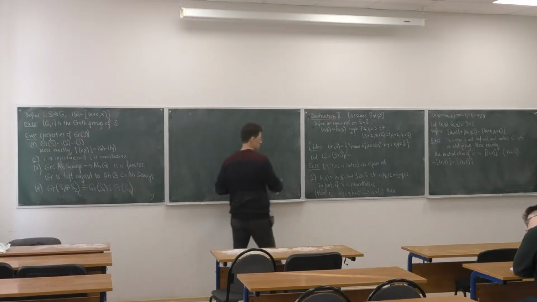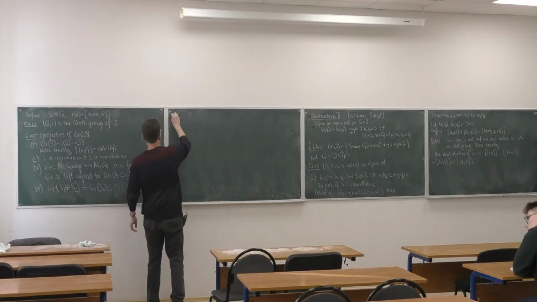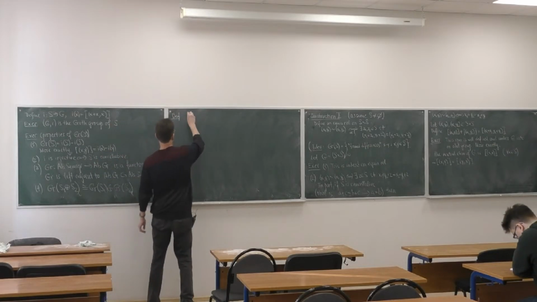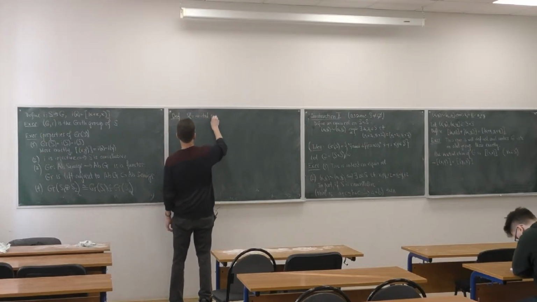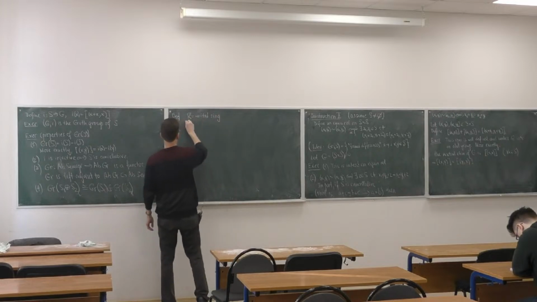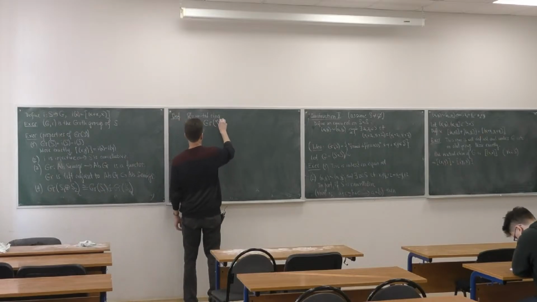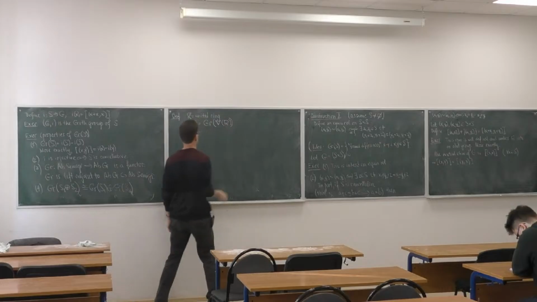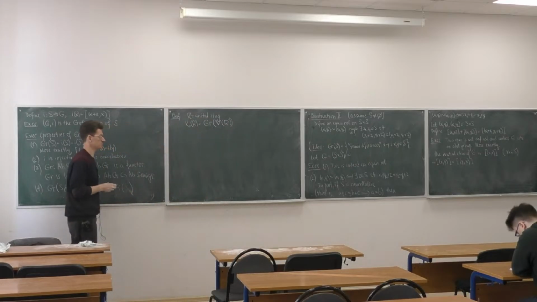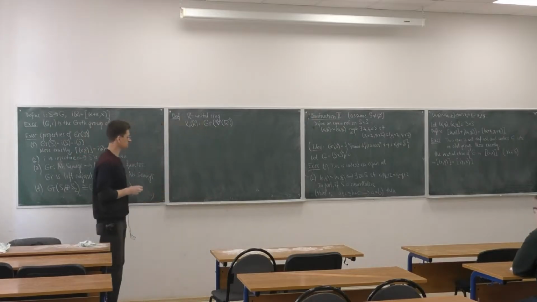Okay, now we are ready to define the functor K0 of a unital ring. We have the following definition. Suppose that R is a unital ring. We define K0 of R to be the Grothendieck group of the semigroup V of R of isomorphism classes of finitely generated projective R-modules.